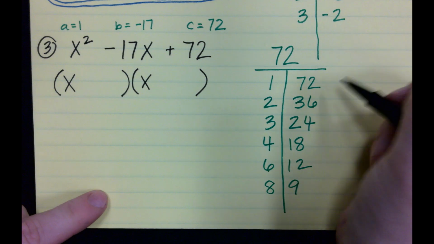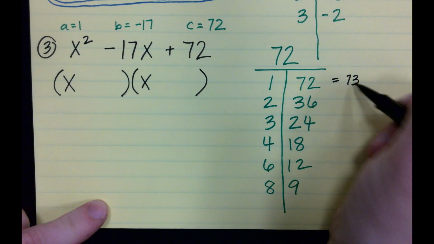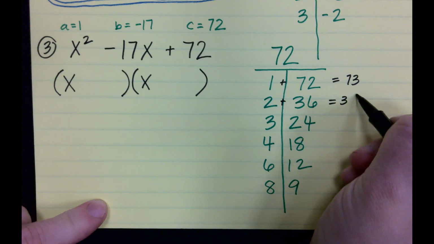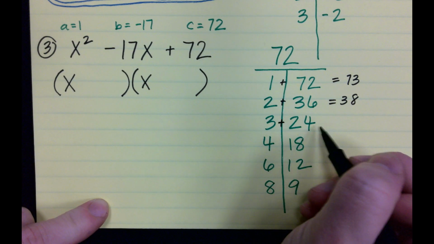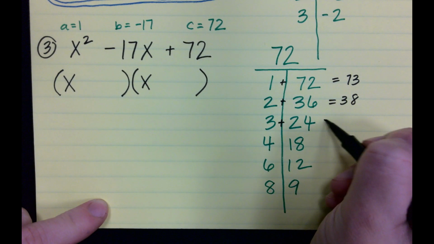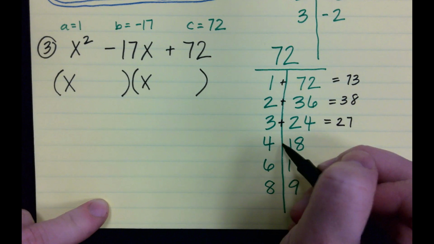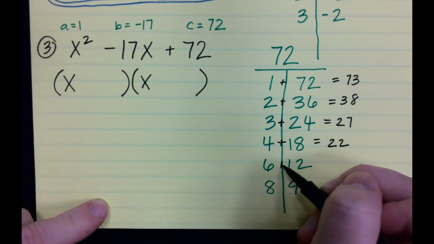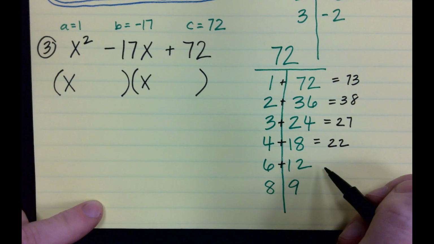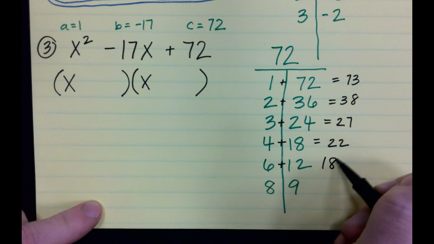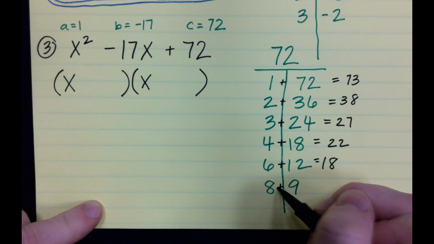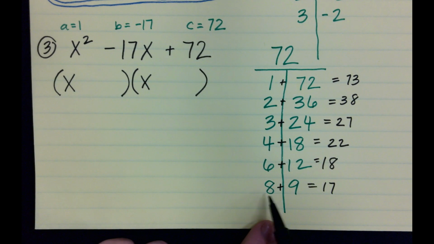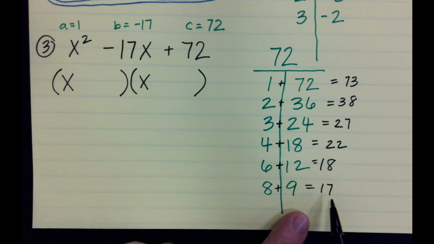What's 1 plus 72? 73. 2 plus 36? 38. 3 plus 24? 27. 4 plus 18? 22. 6 plus 12? 18. What's 8 plus 9? 17. Okay, so we know 8 and 9 are probably the numbers we're going to work with.